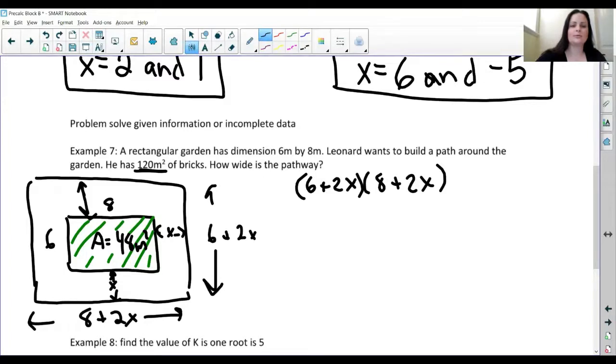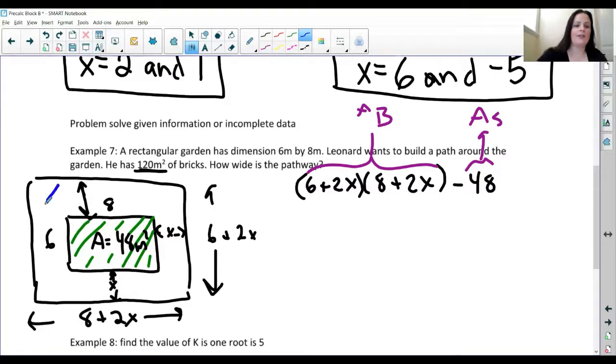I'm going to just rewrite this a little bit differently so I can fit everything on. The area of the big rectangle. And we're going to subtract the area of the small rectangle. And that should give us the area of the brick, which I'm just very unhelpfully coloring blue here.